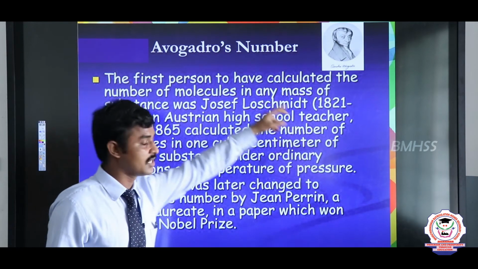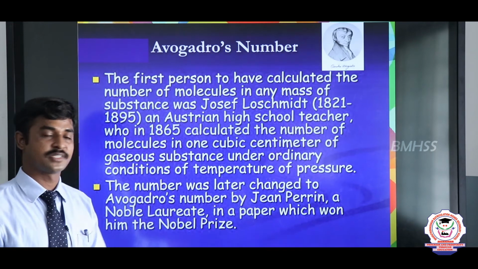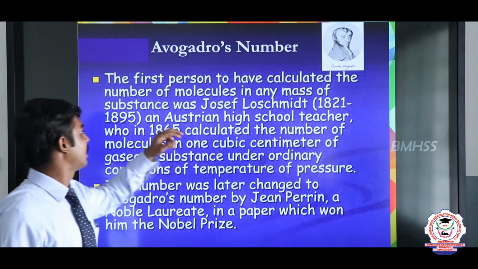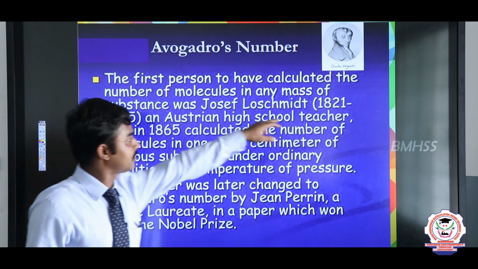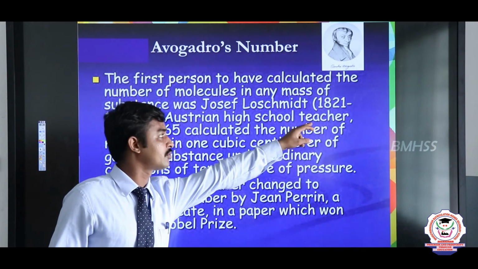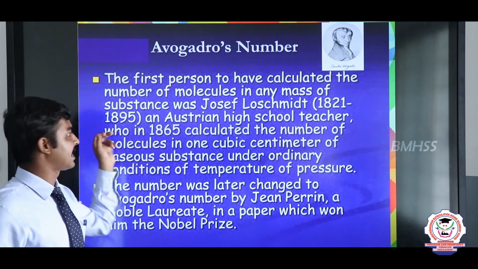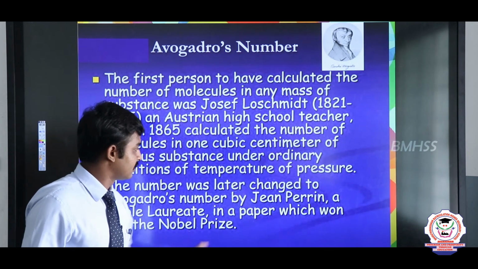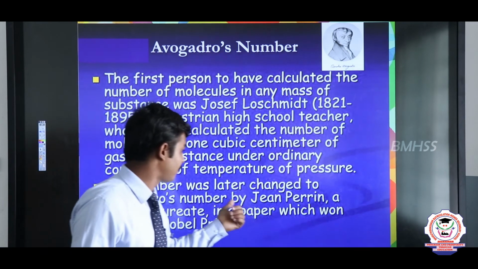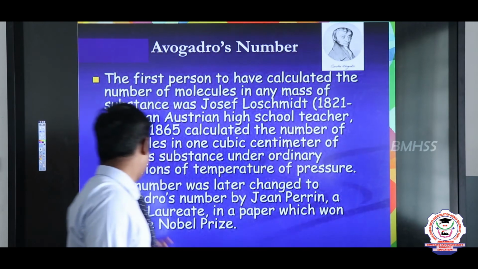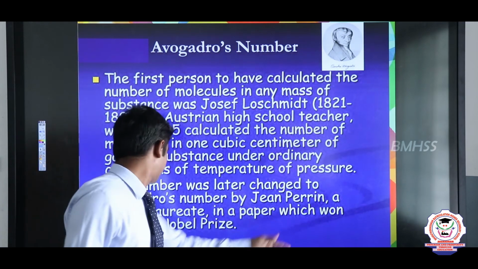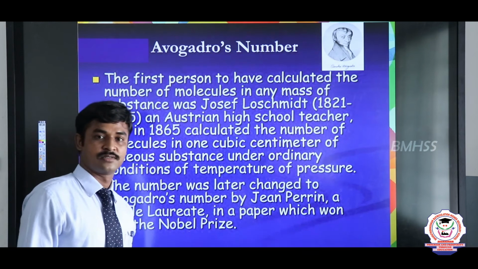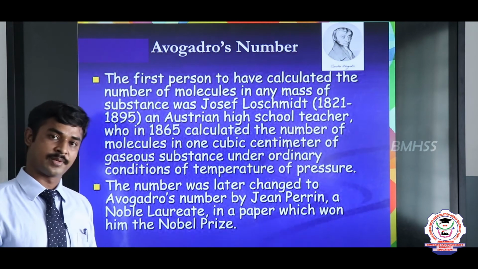He was the first person to calculate the Avogadro number, and his living period was 1821 to 1895. The Avogadro number was determined by Jean Perrin in a paper which won him the Nobel Prize. For this concept, he won a Nobel Prize.